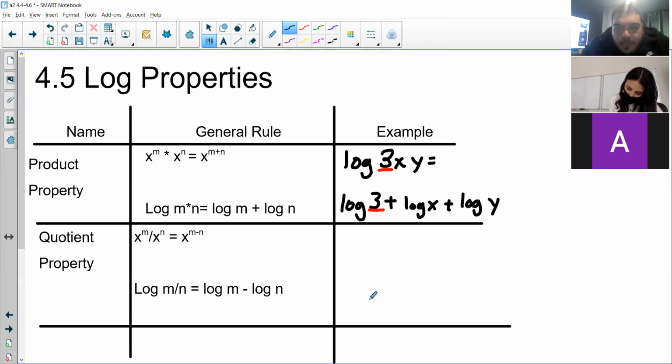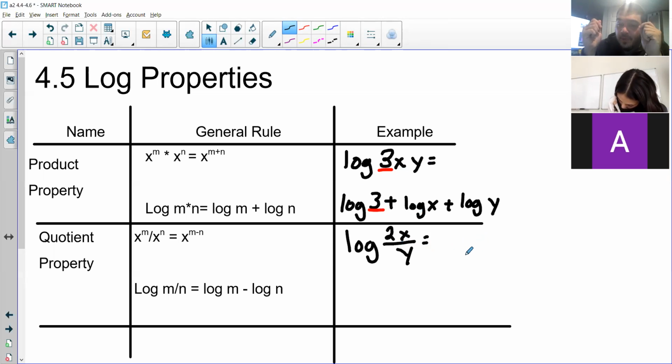And let's do an example. Now I'm going to purposely make a little interesting example. So let's say log of 2x over y. This is kind of a cheating example because it combines both the previous rule and this rule, but it's very useful.